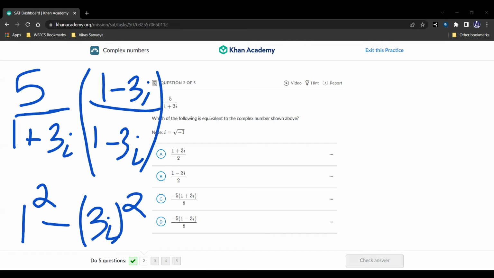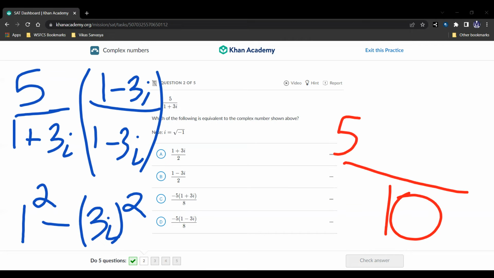This problem is actually incorrect because they should have a denominator of 10 and then the numerator would be 5 times the 1 minus 3i. I'm not sure what they were expecting on this problem, but it's definitely not the correct answer, because the correct answer doesn't fit with this question.